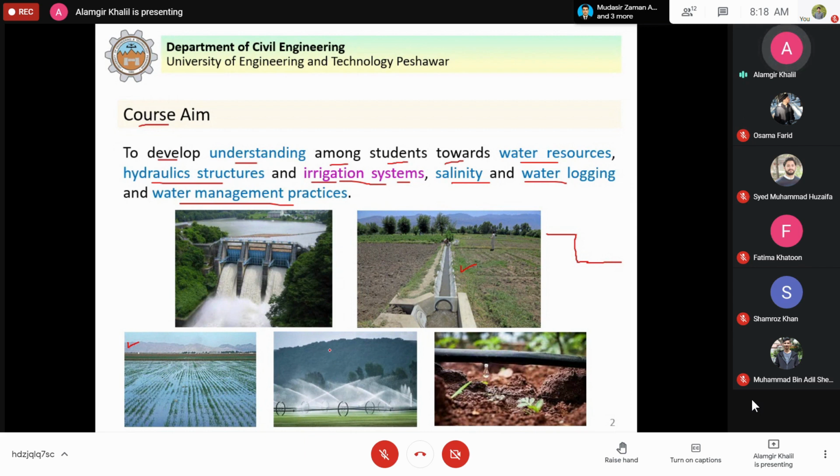In the second picture you can see what is known as a sprinkler irrigation system, in which the water is sprinkled over the crops. And in this picture you can see a network of pipes where the water is provided directly to the roots of the crops.